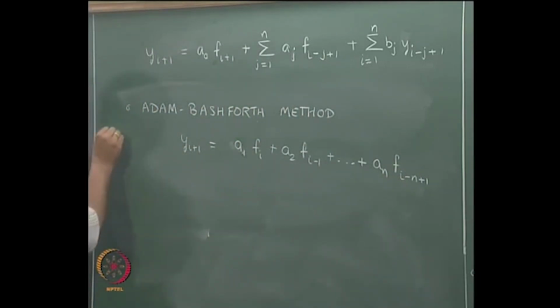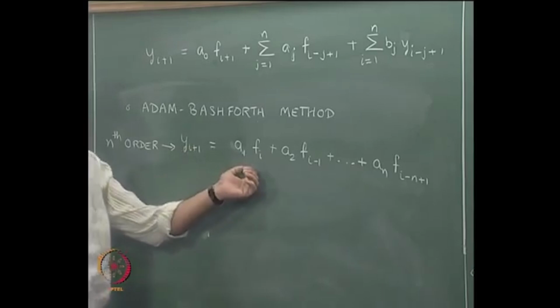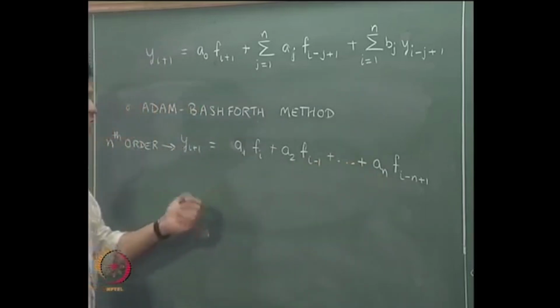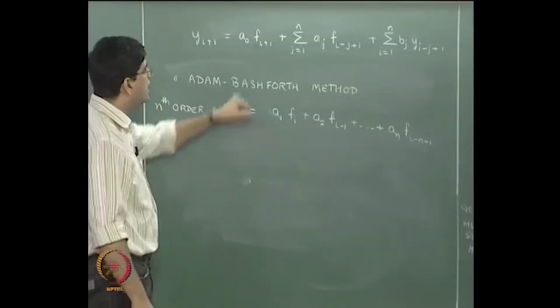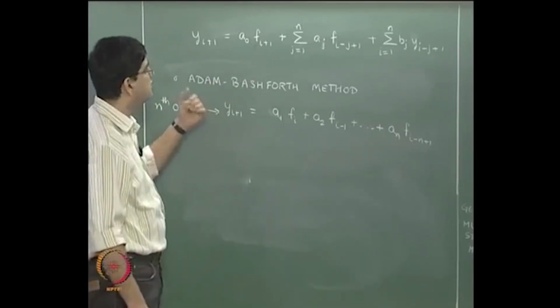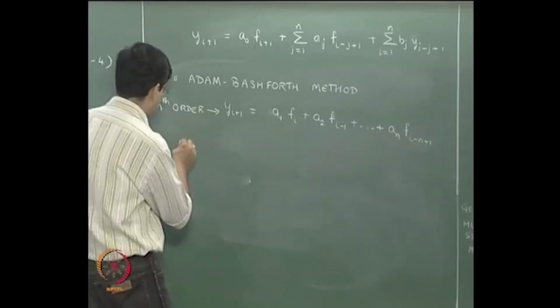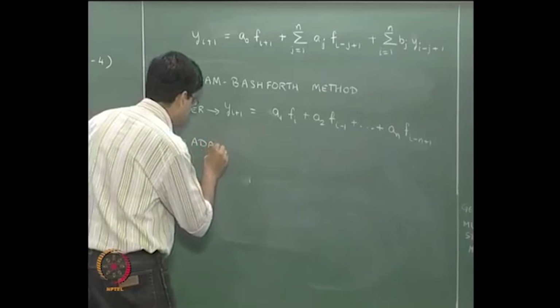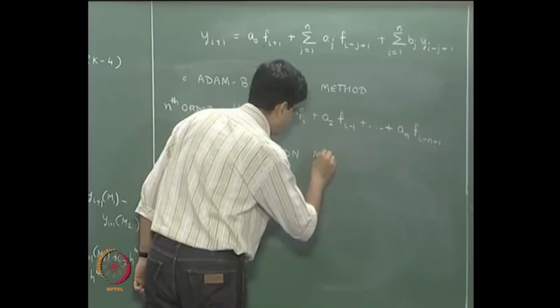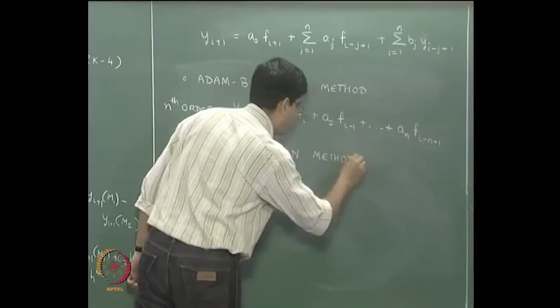And this is going to be an nth order Adams-Bashforth method. Okay. Now this method is an explicit method because y i plus 1 depends only on the past points, and we are assuming over here that the past points are known to us. So this is going to be an explicit method. If a0 is not equal to 0, what we get are implicit methods, and that is the next family of methods, known as Adams-Moulton methods.